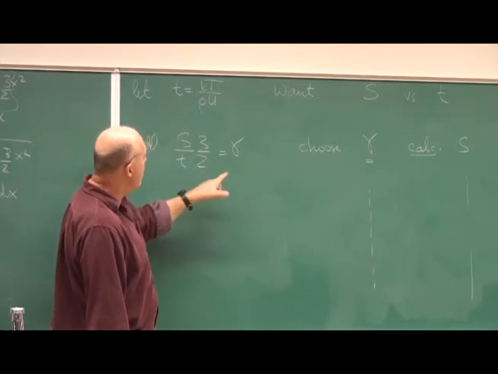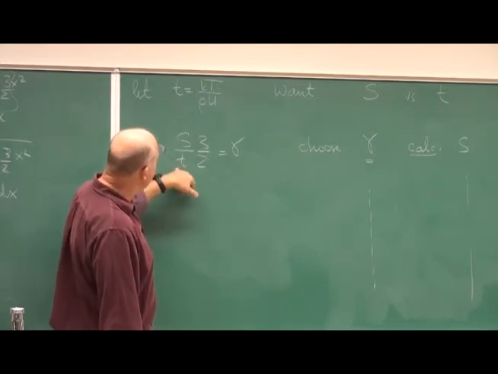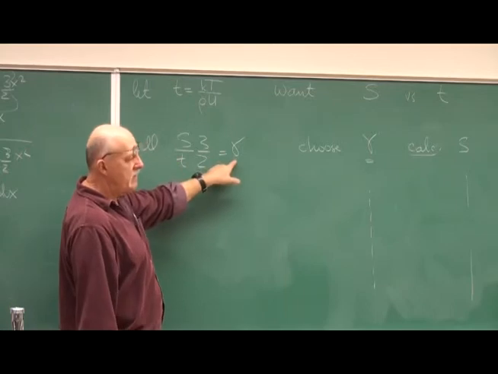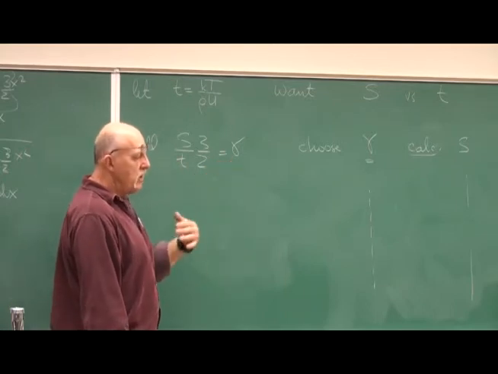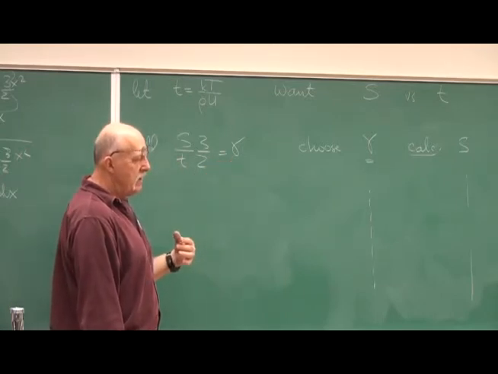So you're saying that at one temperature, for every S, you must have a different gamma. So there's a one-to-one between S and gamma.